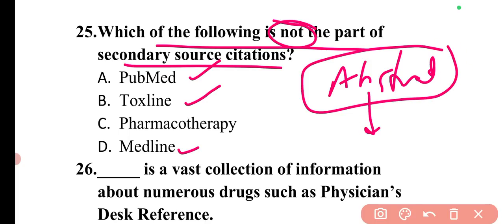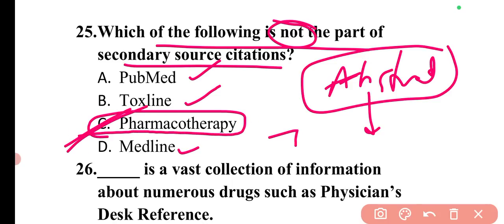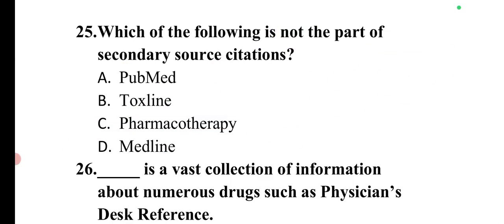Whenever you find any study, this particular database will provide you the title, abstracts, and several citation information. So here pharmacotherapy is not a part of secondary source citations. Rest, PubMed, ToxLine, Medline, these are the secondary source citations.